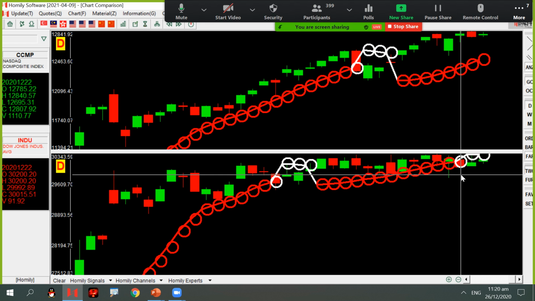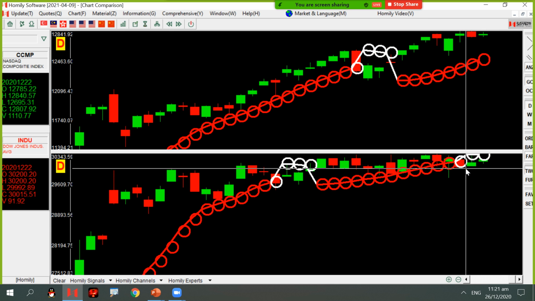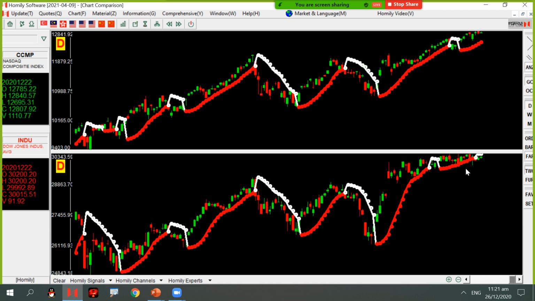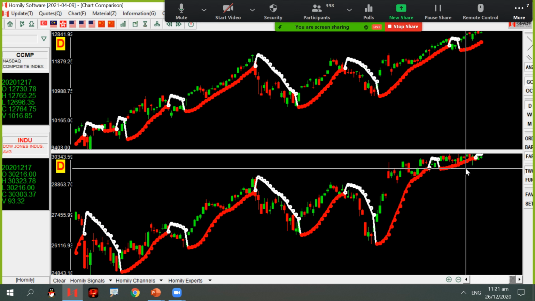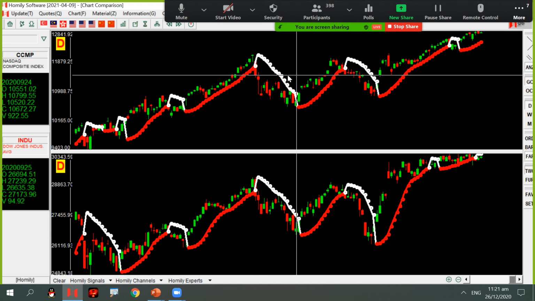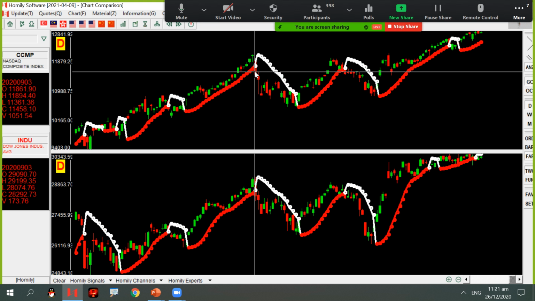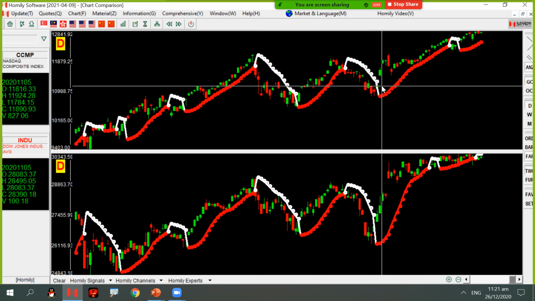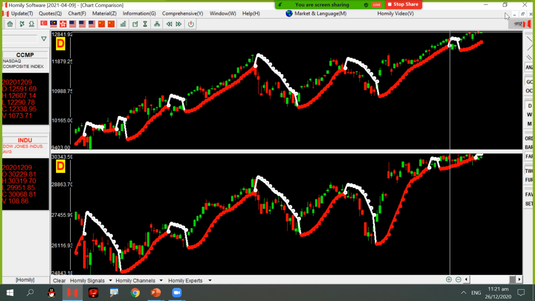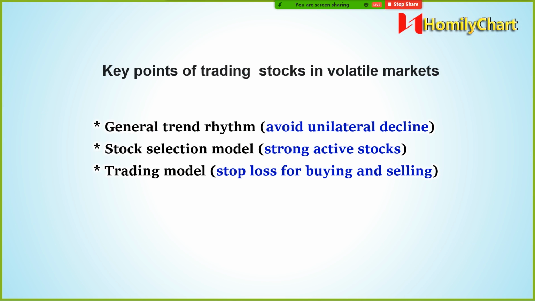But now, what happened? The Dow Jones Industrial Average turned white, but the Nasdaq also red. So never mind, just also trade. So when you must stop trading, when both turn white, you must stop trading. It's very important. If you don't have these basic rules, it will be very dangerous for your investment in 2021.